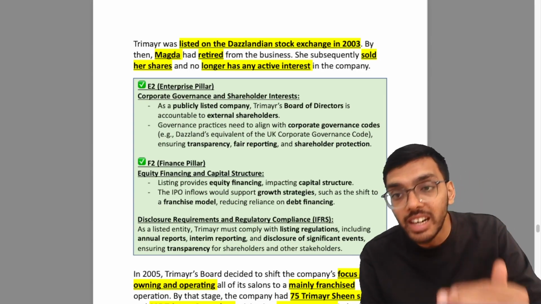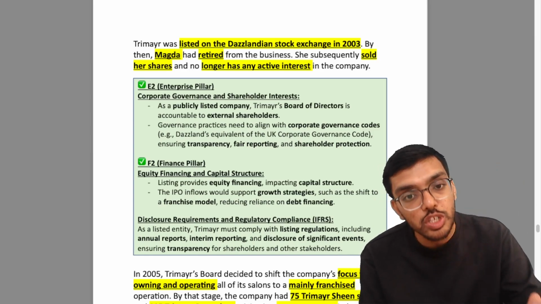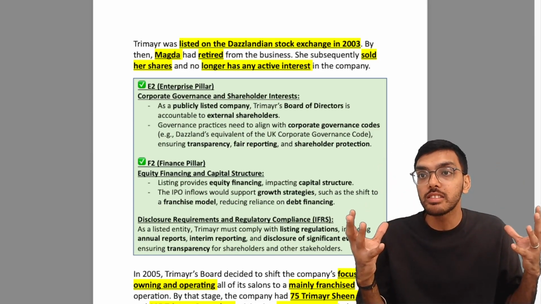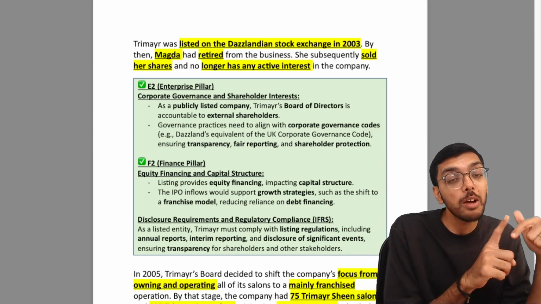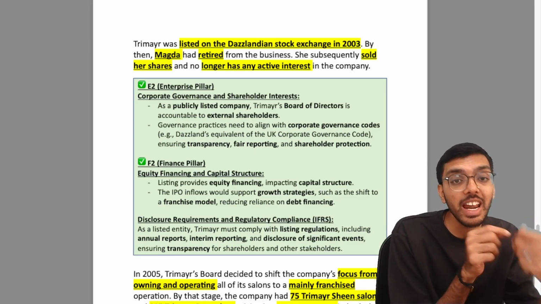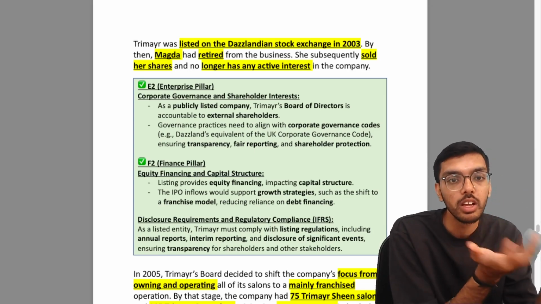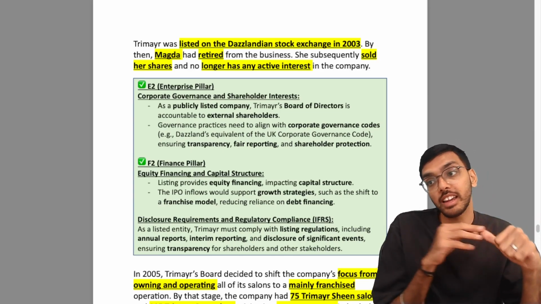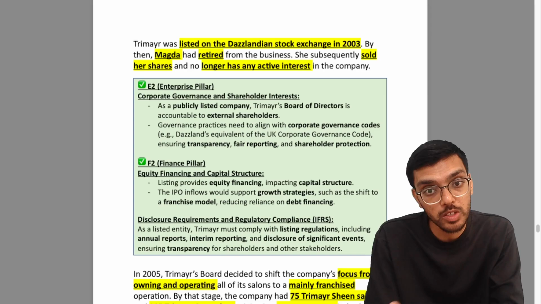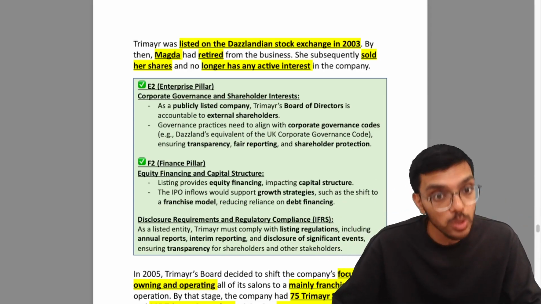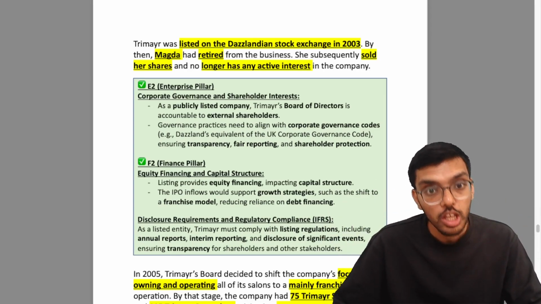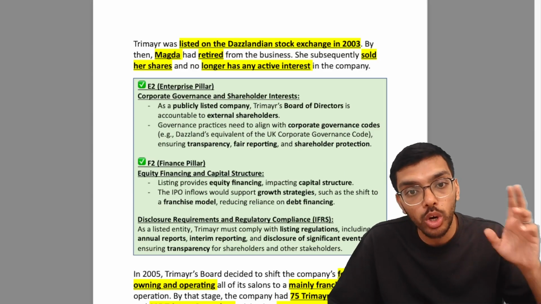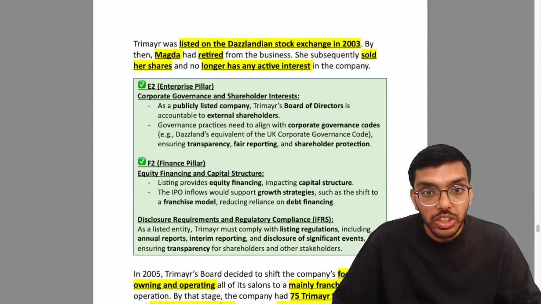You are listed on the stock exchange, which means you are more visible, you have better goodwill, you have faster access to funds, you can raise funds on the stock market. But the disadvantages are that there is lots of accountability, lots of compliance that you need to stick to. So corporate governance code comes into the picture over here.